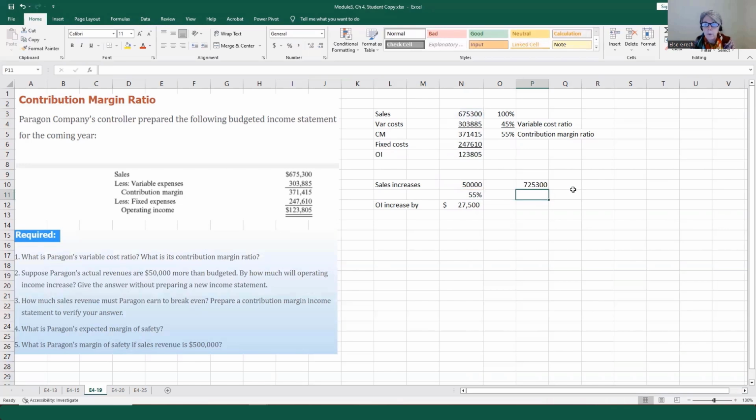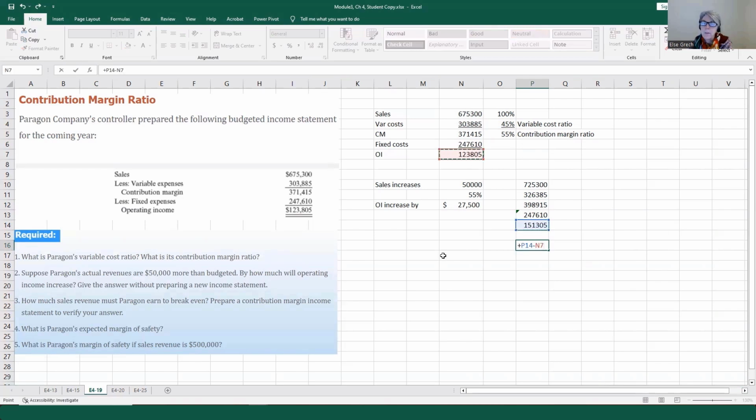We know that this is going to be the total sales. We know that the variable costs are going to be the sales multiplied by the 45%. I can then calculate the contribution margin, and then I can deduct the fixed costs, subtract it here. Now let's see, what is the difference between this and the old one?